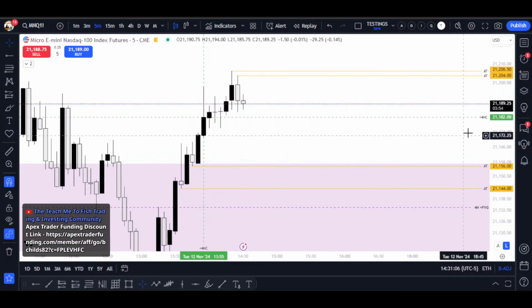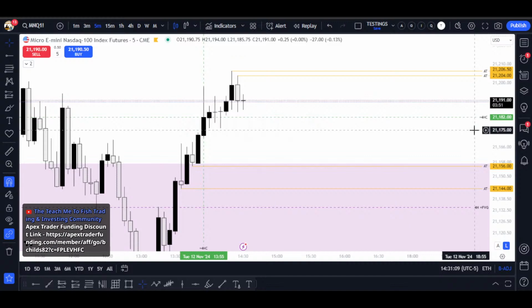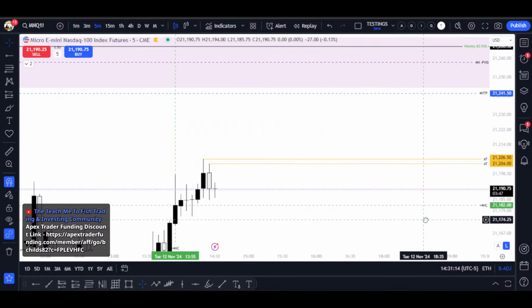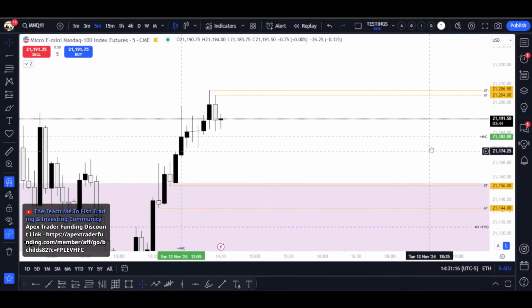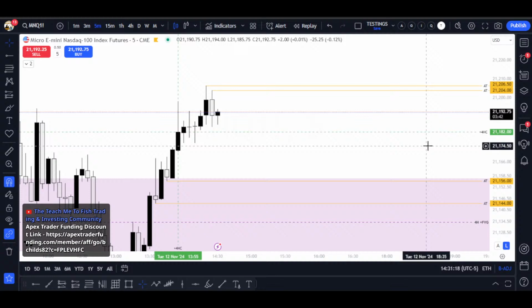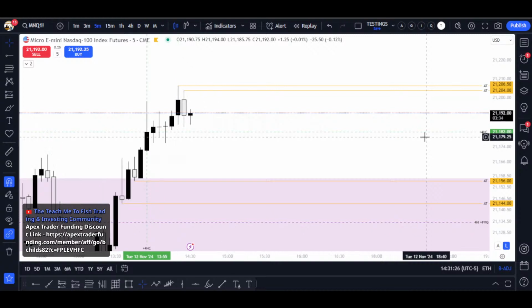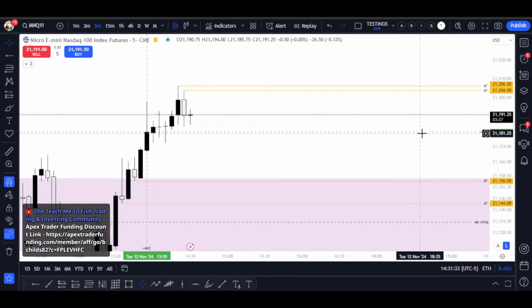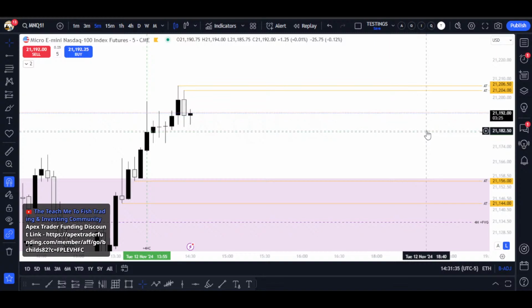And again, we're looking for entry below 21,182, so we can target 21,241.50.